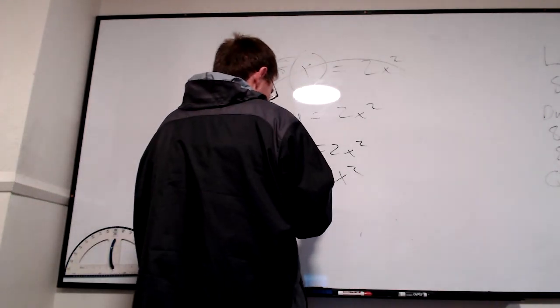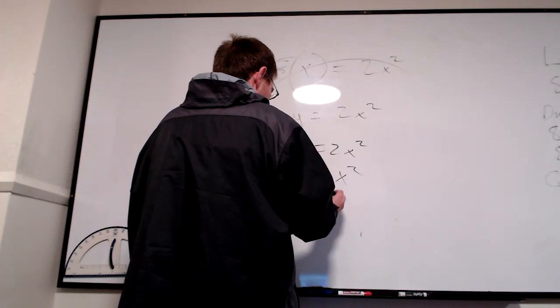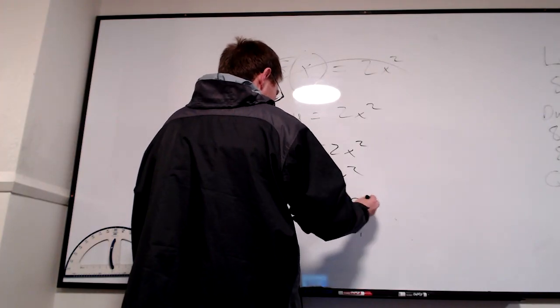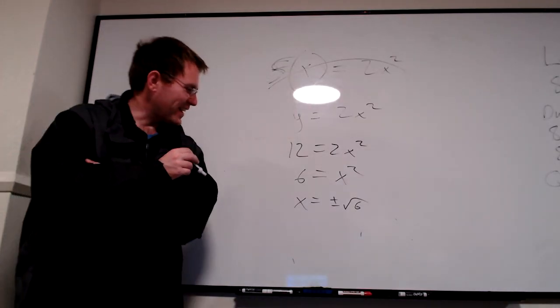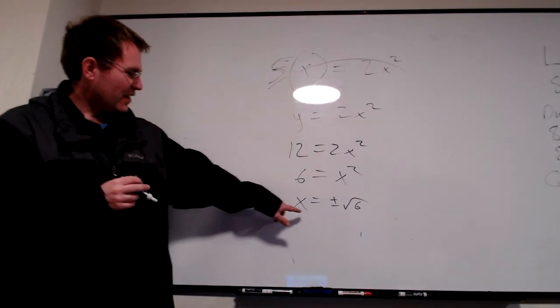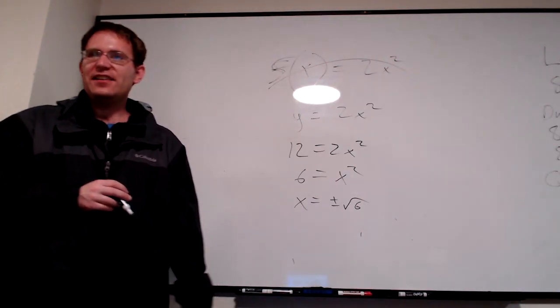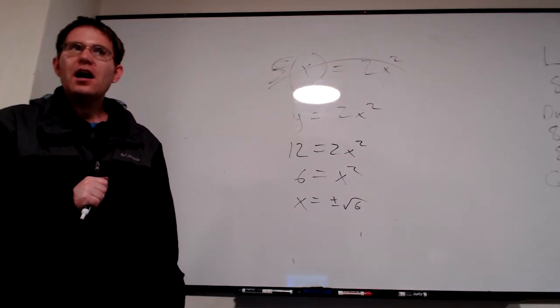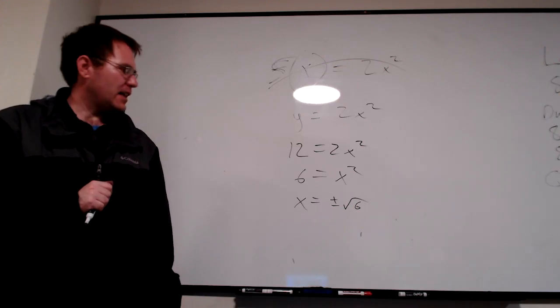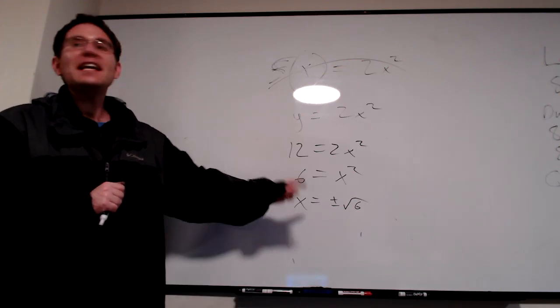So you would have x equals plus or minus the square root of 6. Why do we have to have plus minus here? Because we don't know if it's positive or negative. It could be either one.